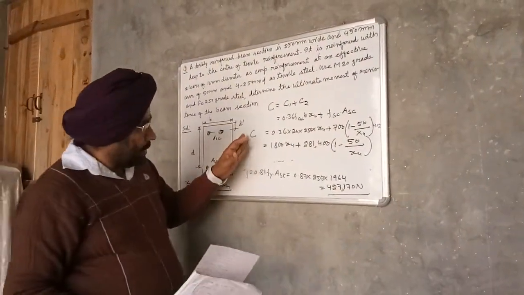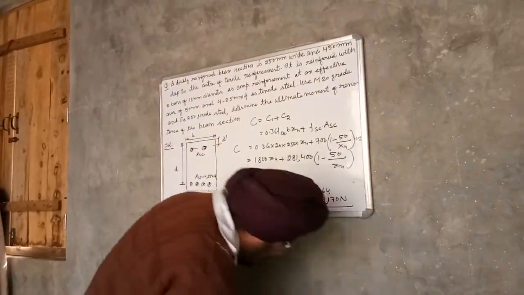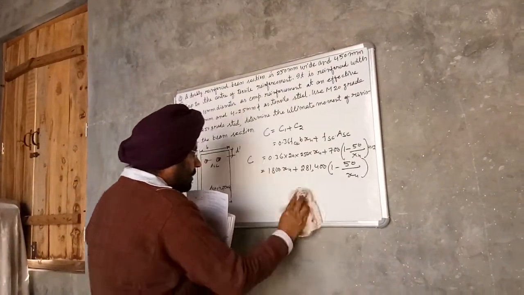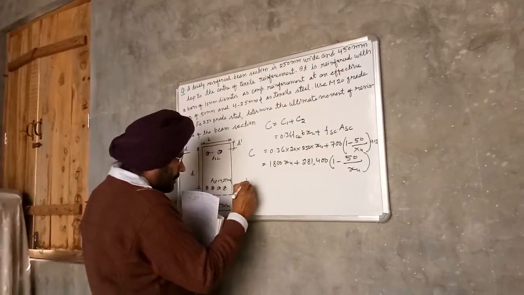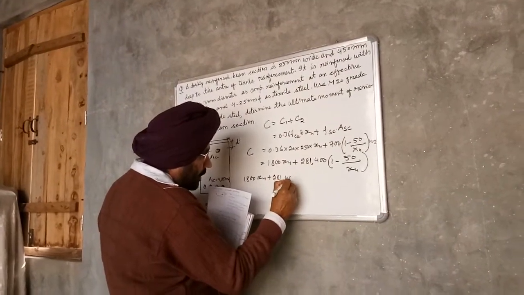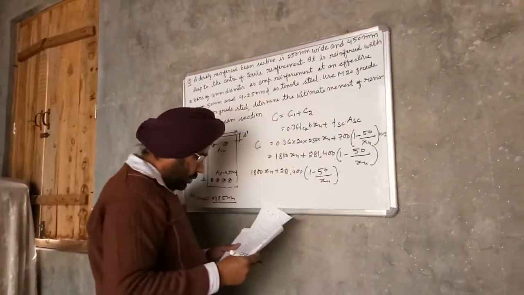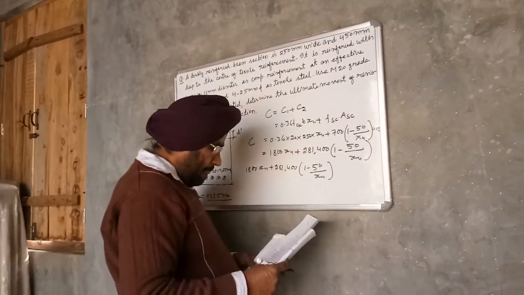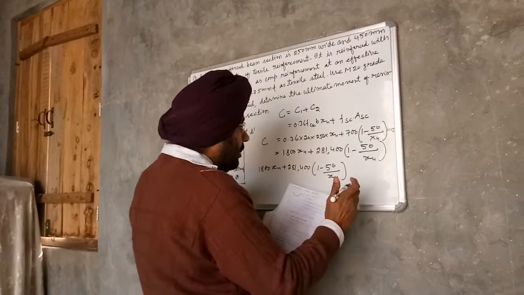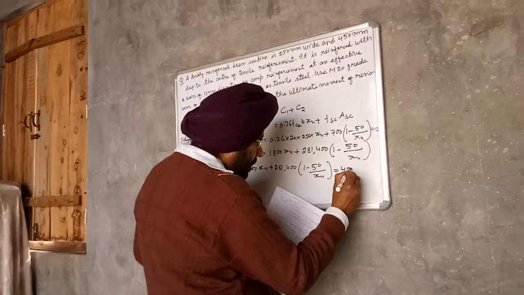Equating total tensile force and total compressive force, we get 1800 XU plus 281,400 into 1 minus 50 upon XU is equal to the total tensile force, 427,170.